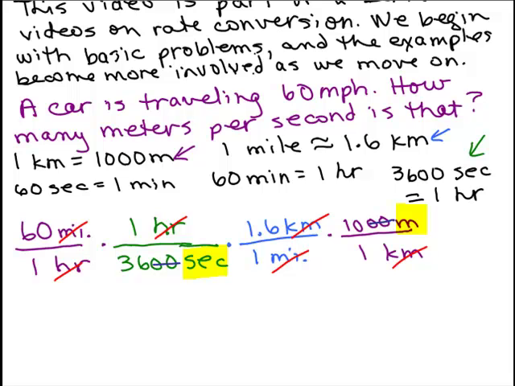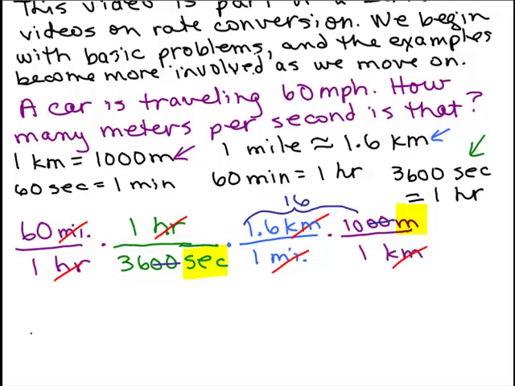And then 1.6 times 10 just gives me 16. So that's just a little bit easier numbers for me to deal with. Then I'm going to put the rest of it in the calculator: 60 times 16 over 36. For me, putting fewer numbers in a calculator is easier.